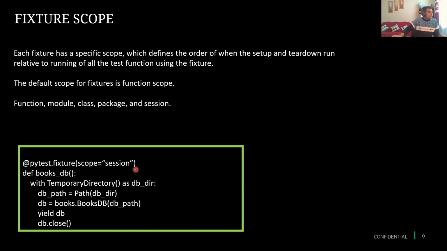If it is session, then this fixture is going to get executed only one time for the entire test execution. If we have function, it will be executed as many times as we have test functions. And the same goes for module, class, and package.